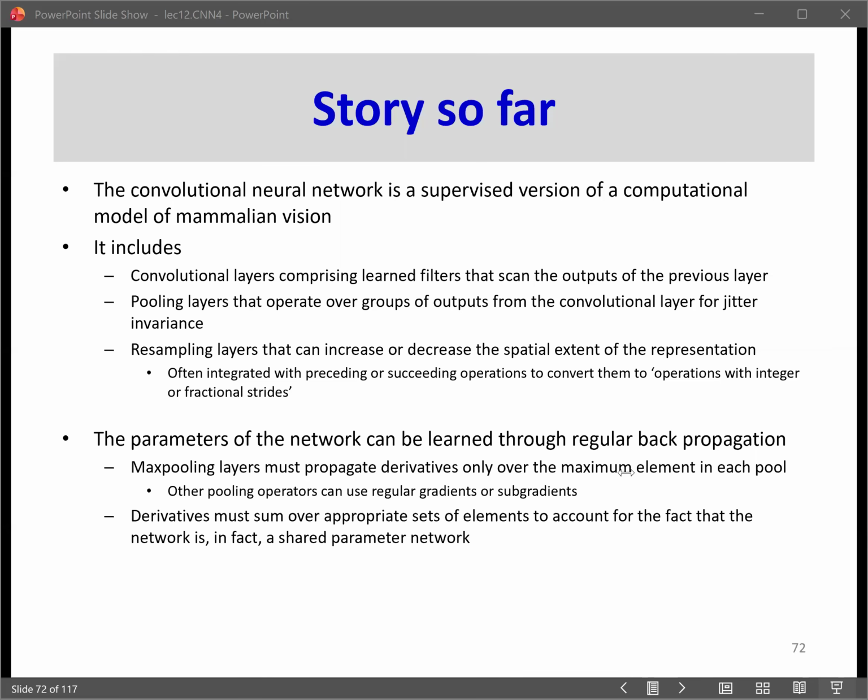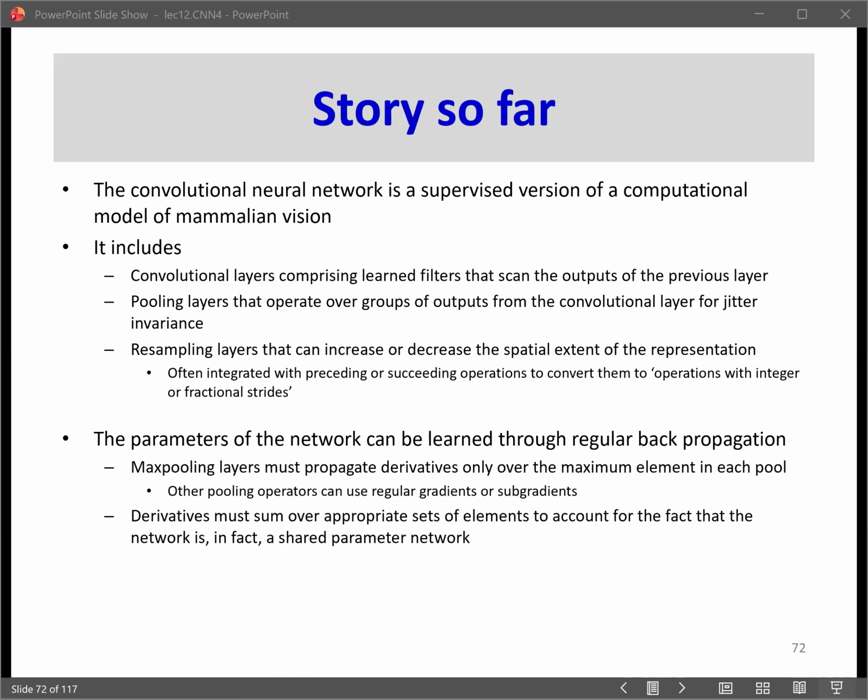The parameters of the network can be learned through regular backpropagation. Max pooling layers must propagate derivatives only over the maximum element for each pool. Other pooling operators use regular gradients or subgradients. Derivatives must sum over appropriate sets of elements to account for the fact that the network is in fact a shared parameter network.